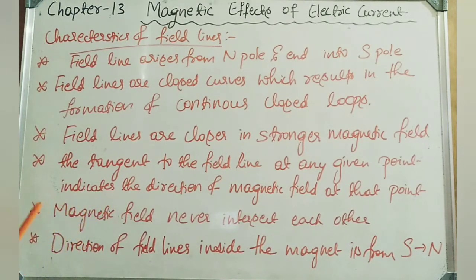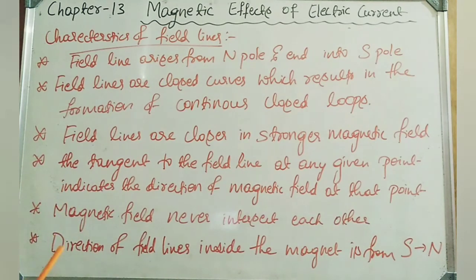So you need to state that if they intersect, there must be two north directions or two south directions, which is not possible because in a compass we have only a needle which has two ends, south and north. It does not show the same direction at a time.